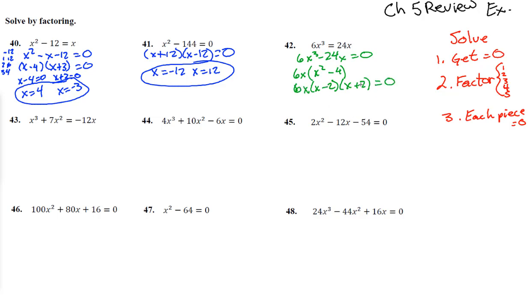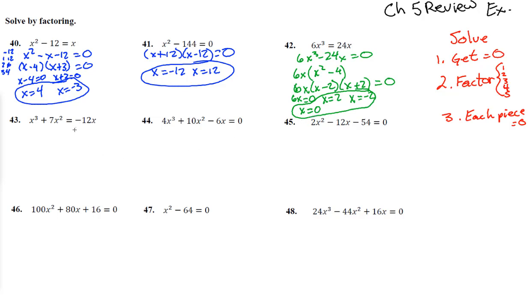Notice we have three pieces to set equal to 0. This gives us x equals a negative 2. This gives us x equals a positive 2. And this one right here, if we let 6x equal 0, that does give us an answer of x equals 0. Divide both sides by 6. So there are three answers: 0, negative 2, and 2.